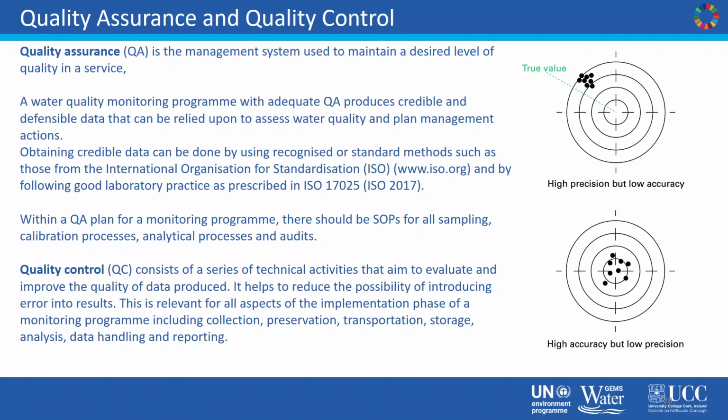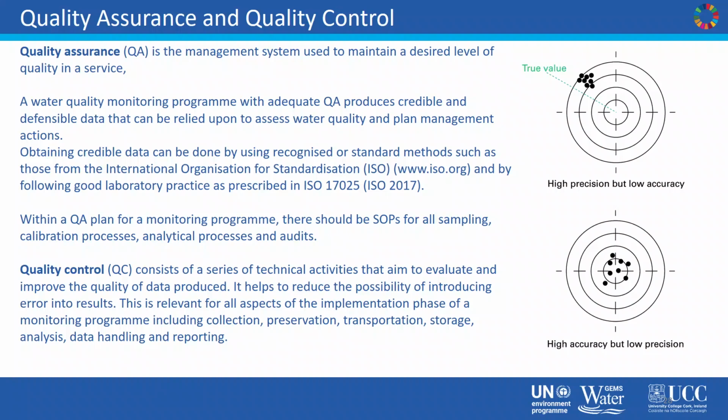So you can obtain credible data by using recognised or standard methods, such as those from ISO, the International Organisation for Standardisation, and by following good laboratory practice as prescribed in ISO 17025.